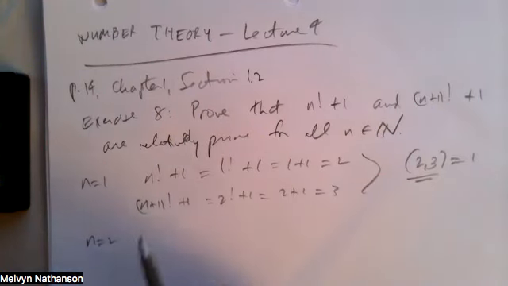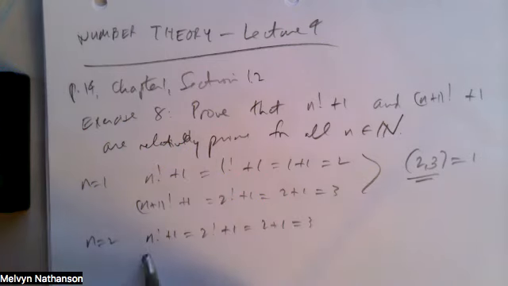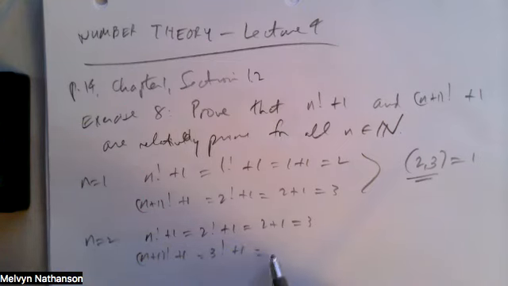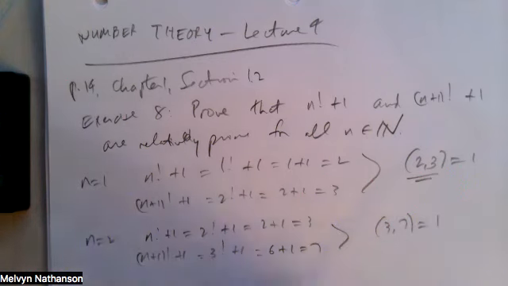What about n equal 2? So n factorial plus 1, 2 factorial plus 1 is 2 plus 1, or 3. N plus 1 factorial plus 1, 2 plus 1 is 3, so this is 3 factorial plus 1. 3 factorial is 6, 6 plus 1 is 7, and the greatest common divisor of 3 and 7 is 1.